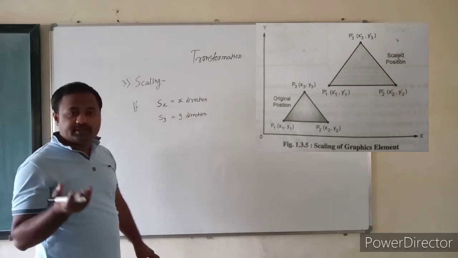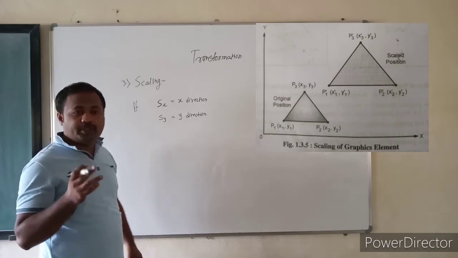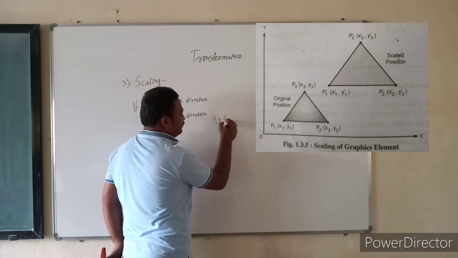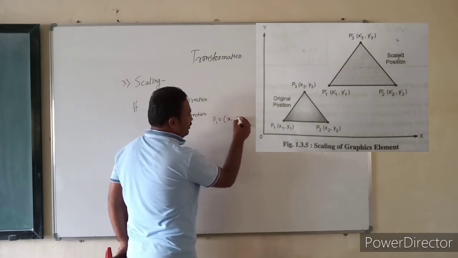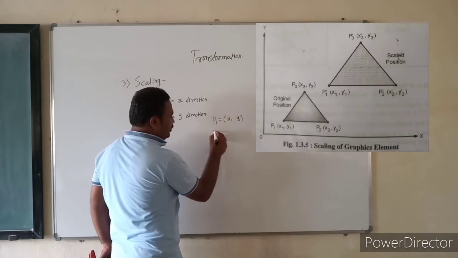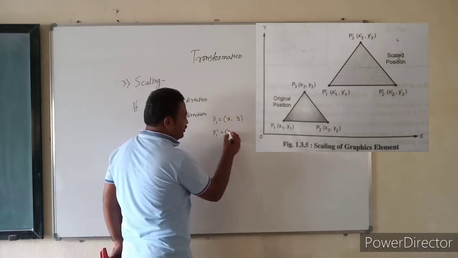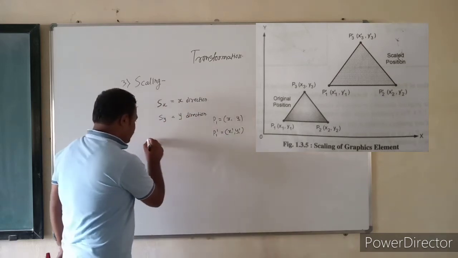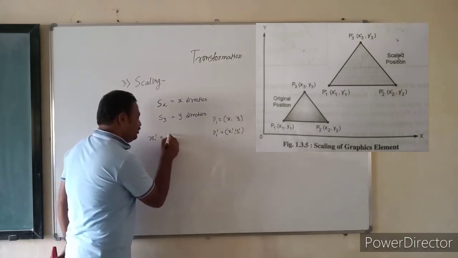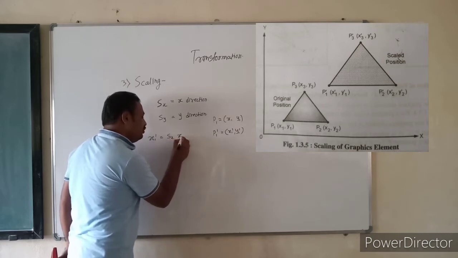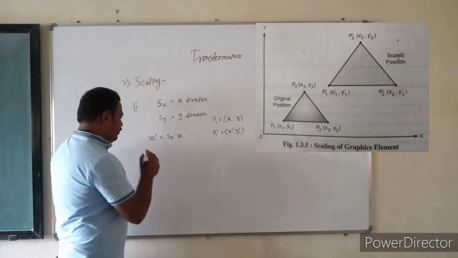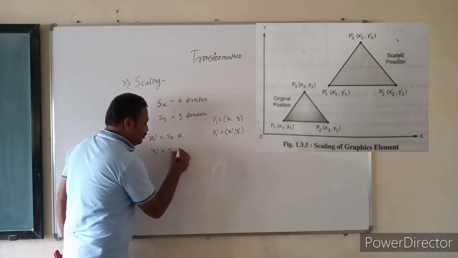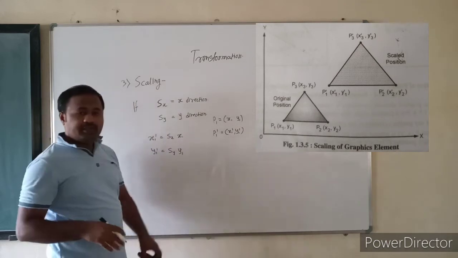Then the new coordinates of point P1: original coordinates of point P1 are x1, y1. The new coordinates of P1, that is P1 dash, are x1 dash, y1 dash. x1 dash is equal to Sx into x1, and y1 dash is equal to Sy into y1.